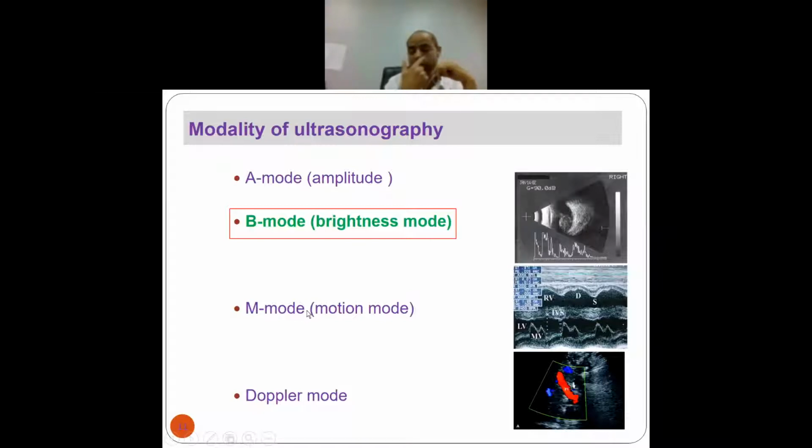Among these 4 types, the most commonly applied is the B mode, the brightness modality, which gives us a grayish white appearance of the tissues depending on the degree of density or the sound reflection from that given structure. Sometimes you can have a combination of the brightness and the motion modality, so you can have a B plus M mode.